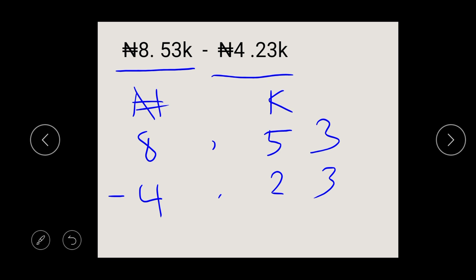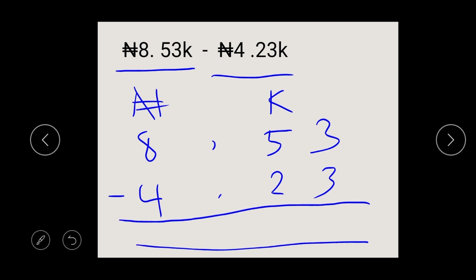Remember your subtraction sign. Now let's see. 3 minus 3 is equal to what? 0. Are you wondering how we got 0? Let's see. Count 3, remove 3. How many is remaining? Nothing.